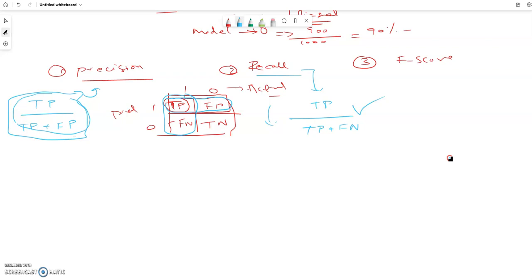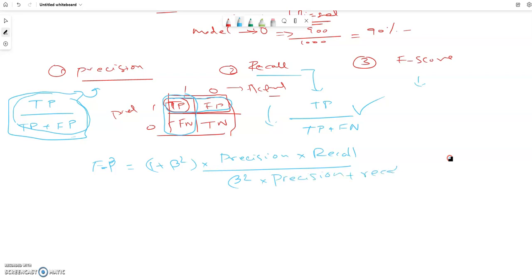Now, let's talk about the F score. F score generally gives a formula. Let me define the F beta formula first, which can be written as F beta equals (1 plus beta squared) into precision into recall, divided by beta squared into precision plus recall.